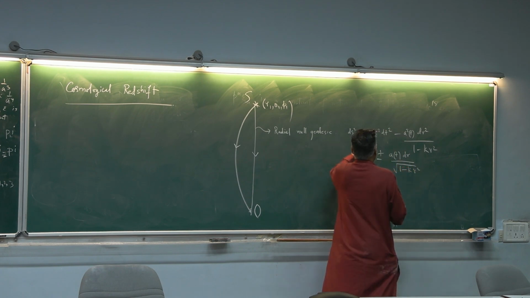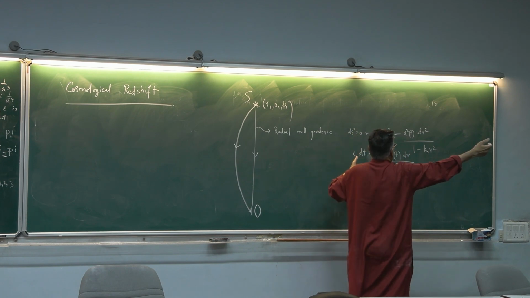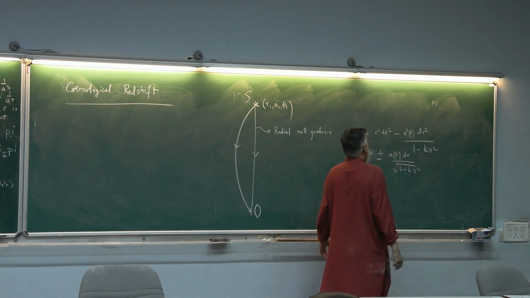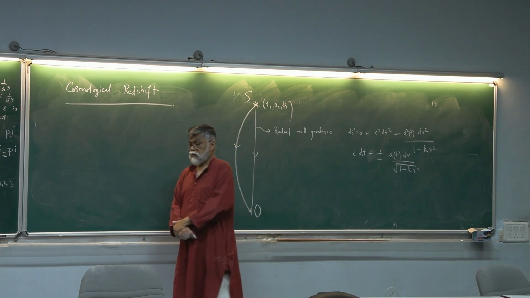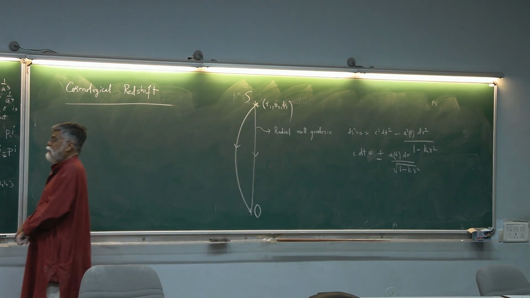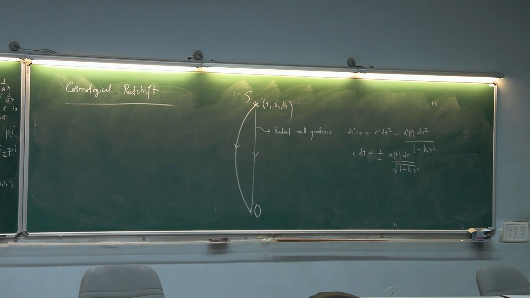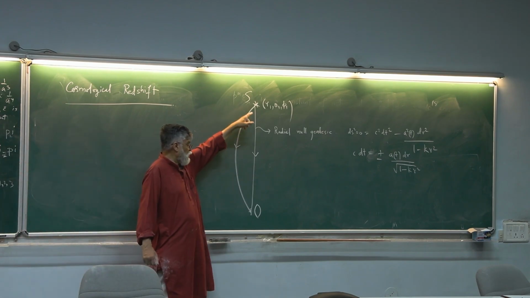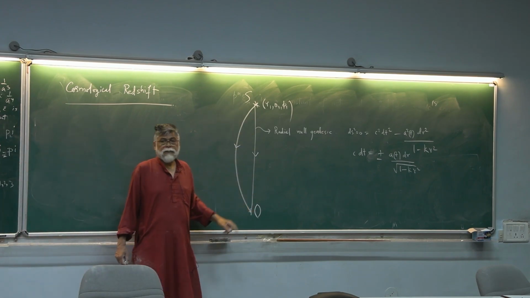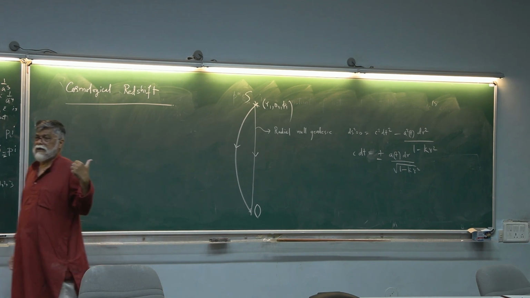All I have done is take this term to the right hand side and take the square root. Strictly speaking, we have to be always mathematically accurate. When you take a square root, we must take both positive and negative roots, and depending upon the physical situation, you choose which root. If the light ray is coming from the source to us, should I choose the positive root or the negative root?